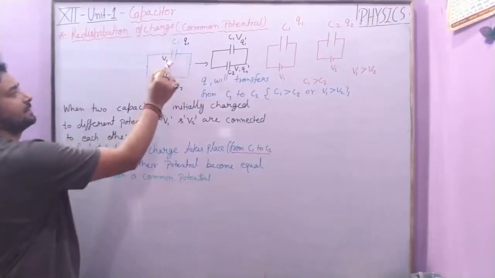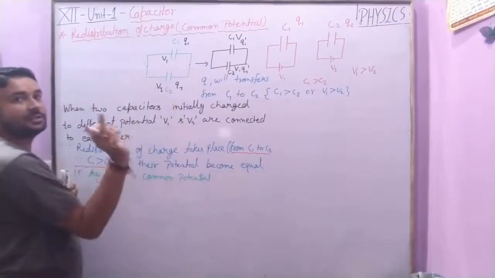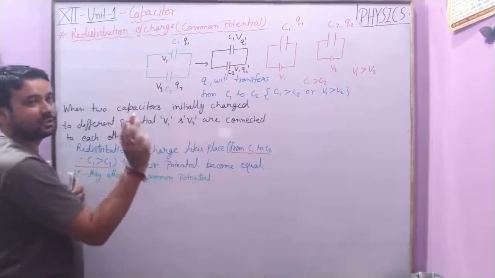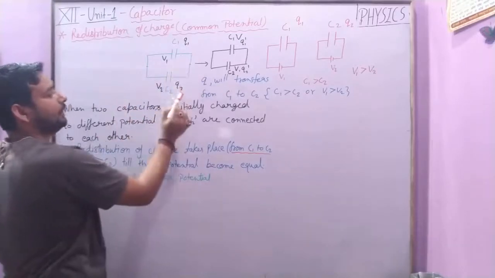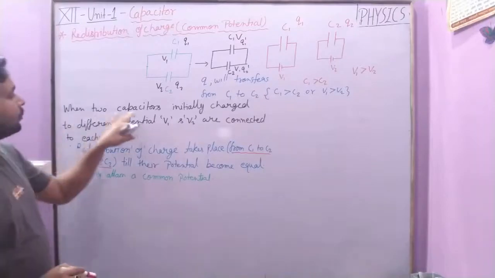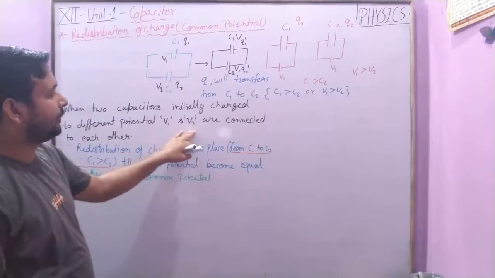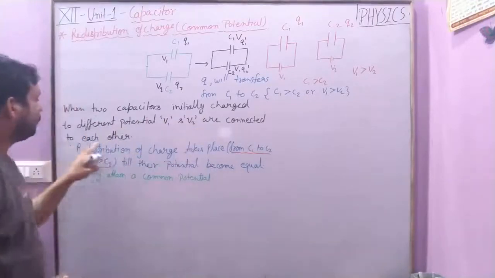Initially the capacitors C1 and C2 are charged with initial potentials V1 and V2 such that they attain charge Q1 and charge Q2. Here, two capacitors initially charged to different potentials V1 and V2 are connected to each other.